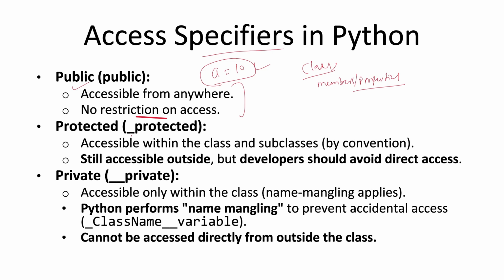If you define with an underscore, then it is protected. It means it is accessible in the class and subclass by convention, but is still accessible outside the class, but developers should avoid direct access. It depends on the developer. So it is not that strict an approach, just like we have in Java.